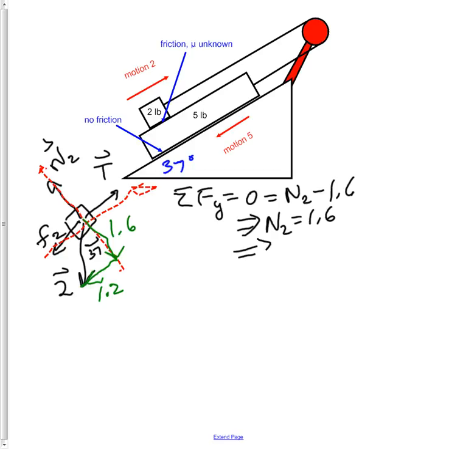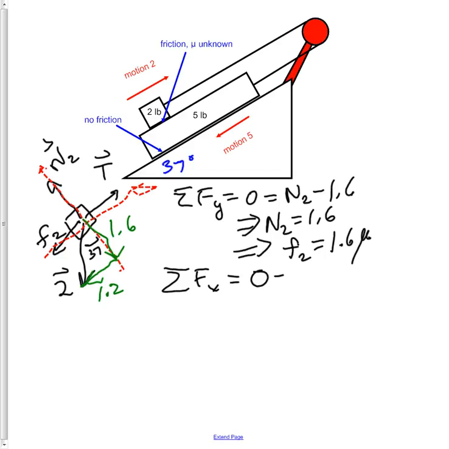And it tells me that the frictional force, F2, is equal to, in magnitude, 1.6 times the unknown mu. Now the sum of the forces in the x direction also has to be equal to 0.